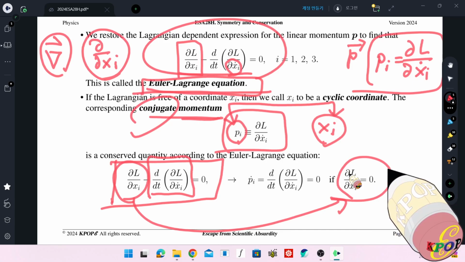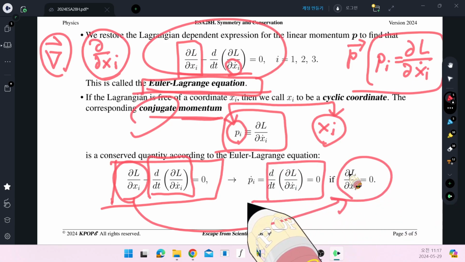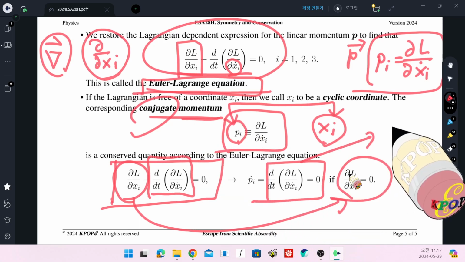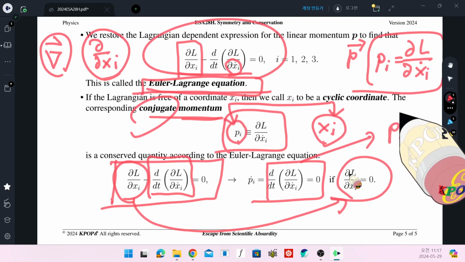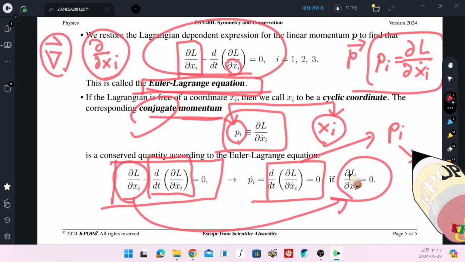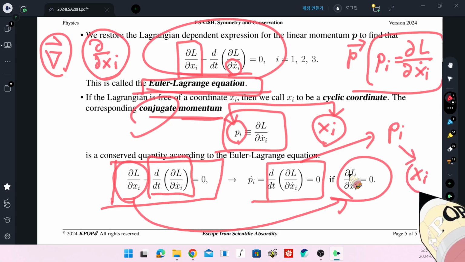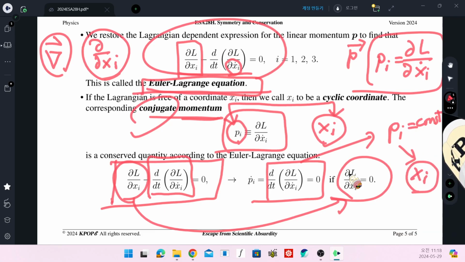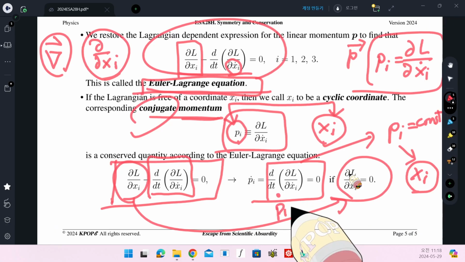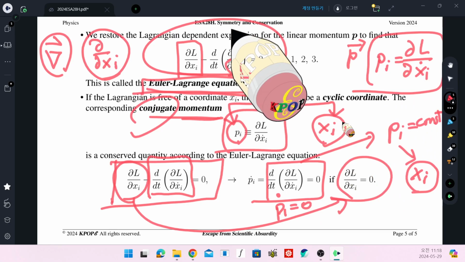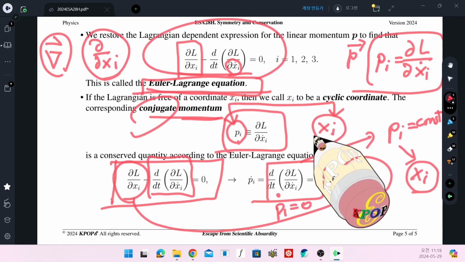That indicates that the corresponding conjugate momentum's time derivative is zero. That means the conjugate momentum that is correlated with the corresponding coordinate is constant because p_i dot equals 0. That is the result of the natural symmetry coming from the Lagrangian mechanics.